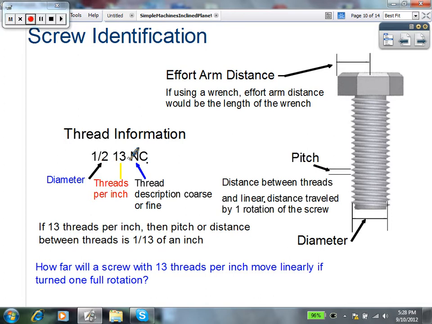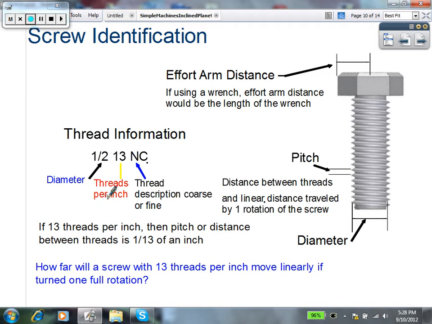The next thing is this number here, in this example 13, and that is the number of threads per inch. So if you had a 1-inch screw, you would count 13 threads in that 1-inch length. The last thing we don't really concern ourselves with very much, but basically it describes the thread, whether it's coarse or fine, and that's not a big concern. The first 2 numbers are our biggest concern.